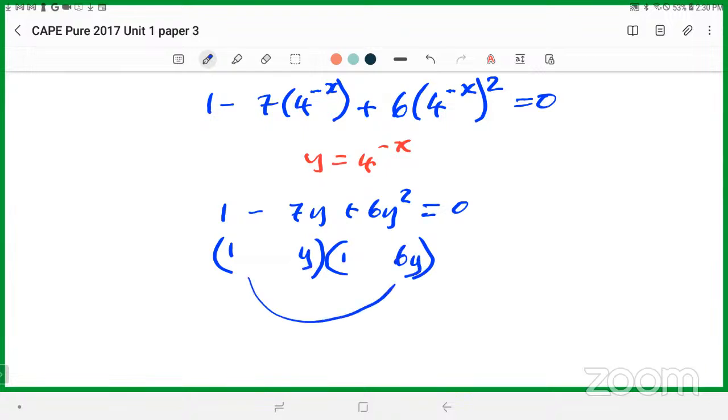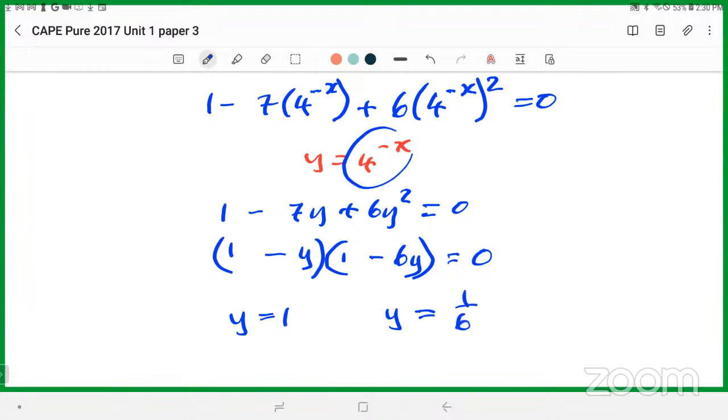This makes it 6y, this makes it 1y, giving me the 7. Signs are the same, they are both negative. So this one gives me y equals 1, and this one gives me y equals 1 over 6.